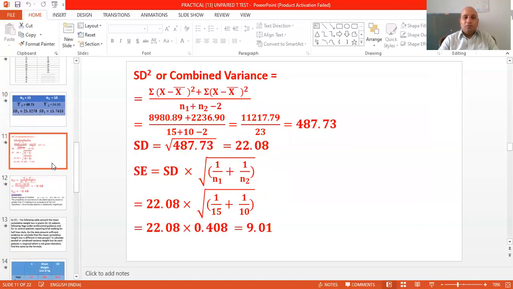Then using SD square or combined variance, SD square is 487.73, then SD is equal to 22.08. Then using the formula SD into under root 1 upon n1 plus 1 upon n2, standard error is 9.01.